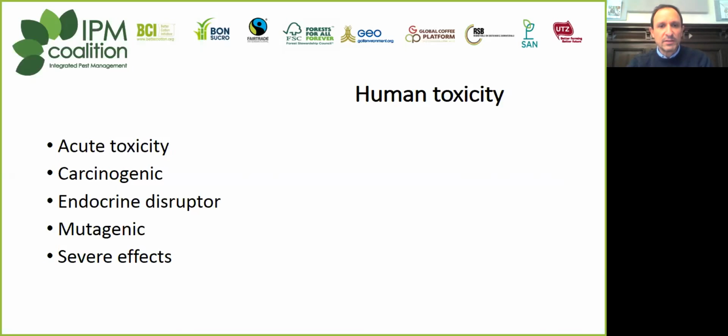So these pesticides are classified in this database of highly hazardous pesticides in 3 groups: human toxicity, and that will refer to acute toxicity, carcinogenic, endocrine disruptor, mutagenic, and severe effects. Each of these categories refers to sub-lists or subcategories that belong, for example, to internationally recognized institutes.